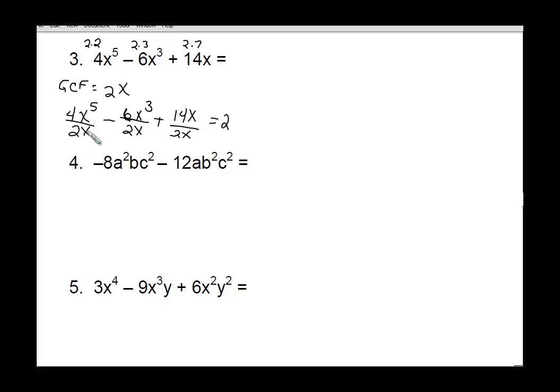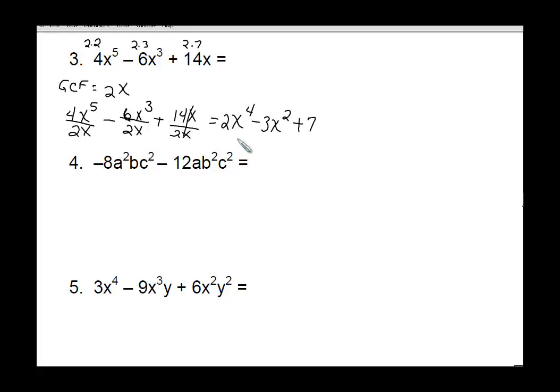X to the 5th over x, 5 minus 1, would be x to the 4th. Minus 6 divided by 2 is 3. X to the 3 minus 1 is x squared. Plus 14 divided by 2 is 7. And my x over x becomes 1.